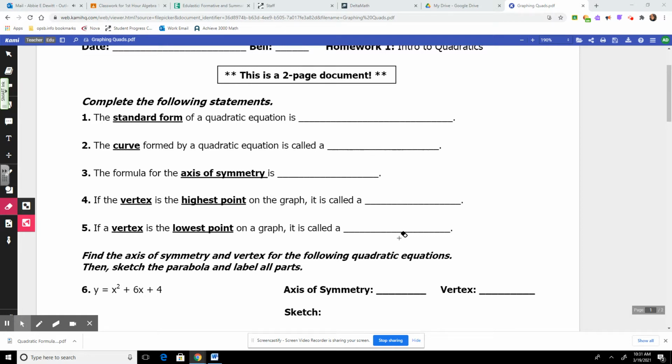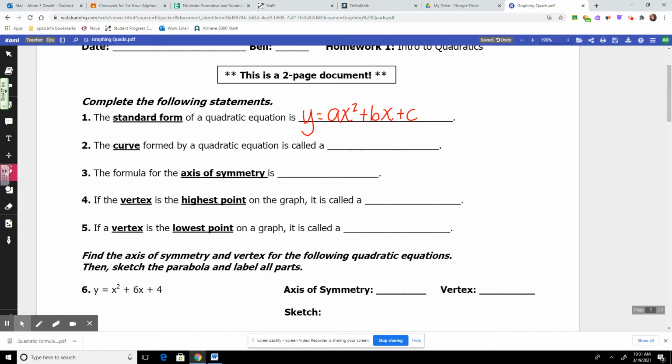The first vocabulary is the standard form of a quadratic equation, which you've all seen before. The standard form of a quadratic equation is y equals ax squared plus bx plus c.